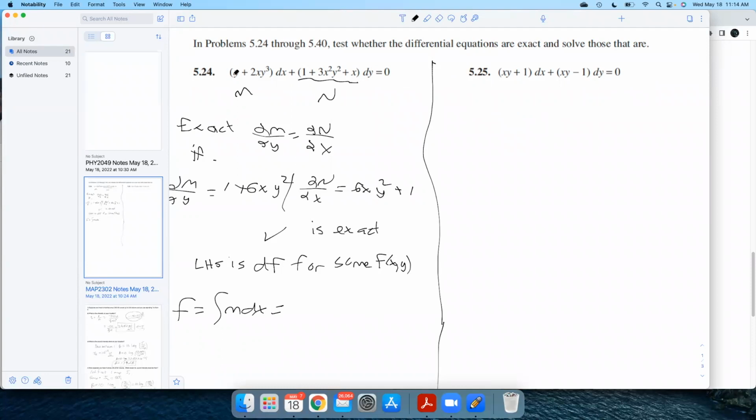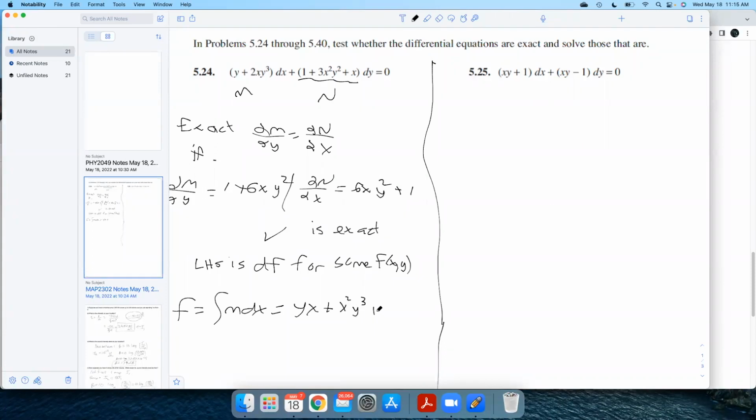Okay, the antiderivative of y dx would be yx, because y is just a constant, plus the antiderivative of the y cubed term, where those are just constants that come along for the ride. The antiderivative of x dx is x squared over 2. That'll cancel that factor, so we'll get x squared y cubed.